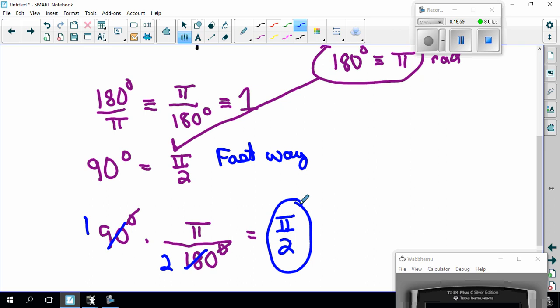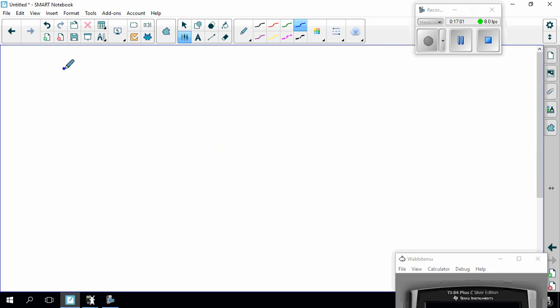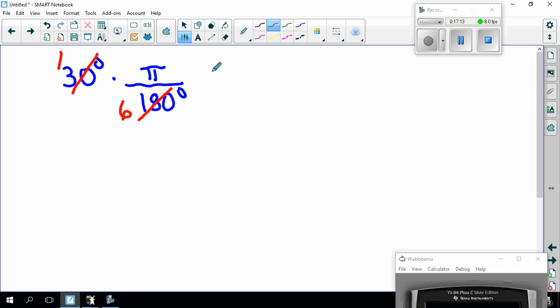So let's do it again. 30 degrees. Let's do it the slow way. 180 degrees, pi. 30, 6 30s. Pi over 6 radians.